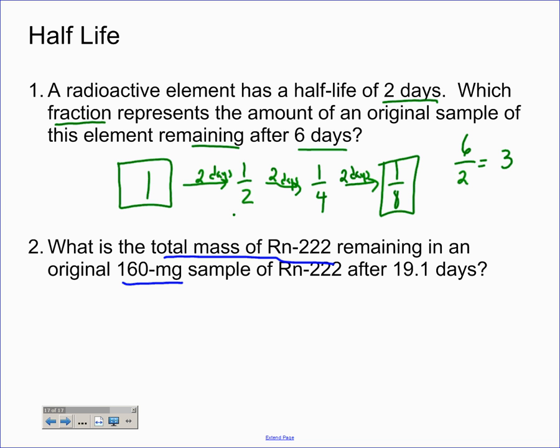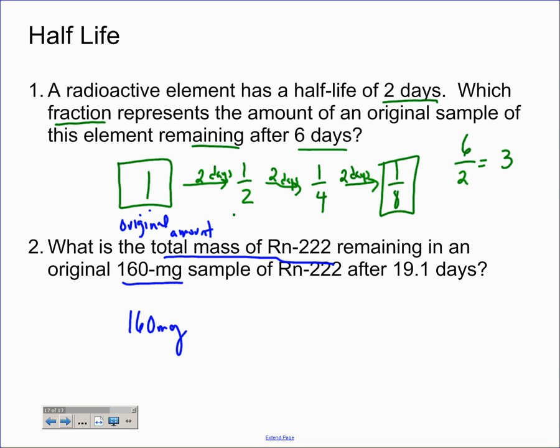So, first of all, we see what is the original mass of the sample. Remember, this box represented the original mass, or the original fraction, the original amount. If it was a percent, it would be 100%. In this case, the original sample has 160 milligrams.